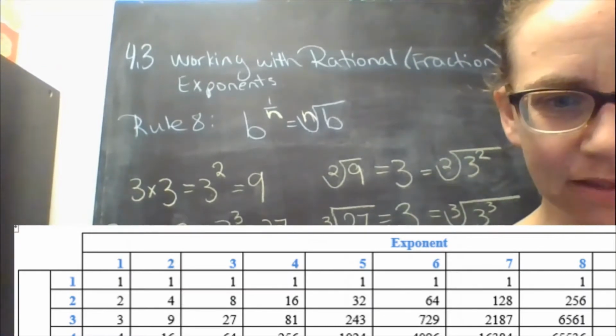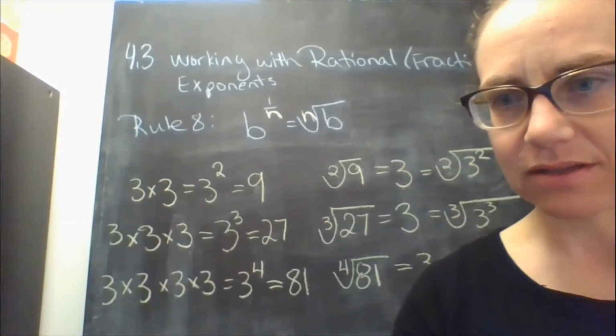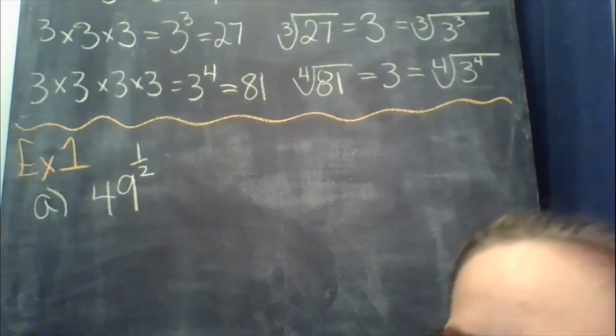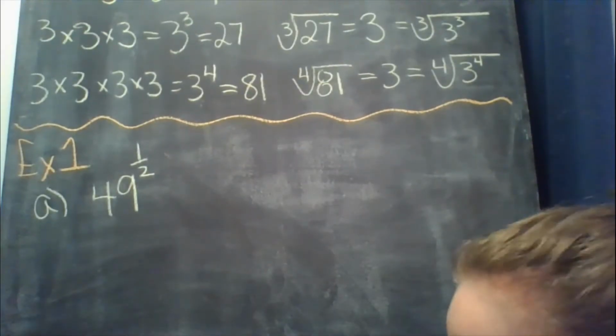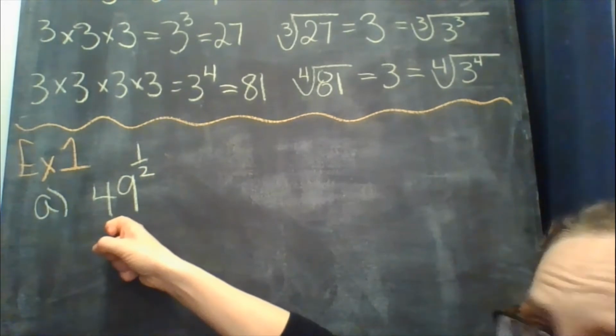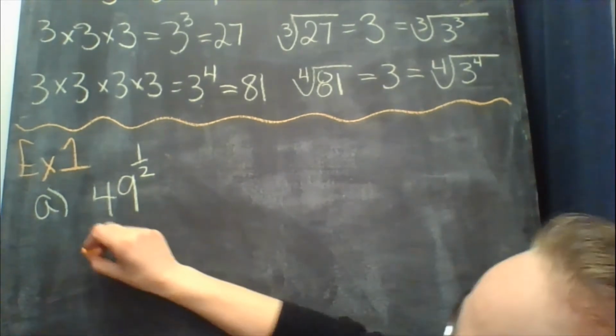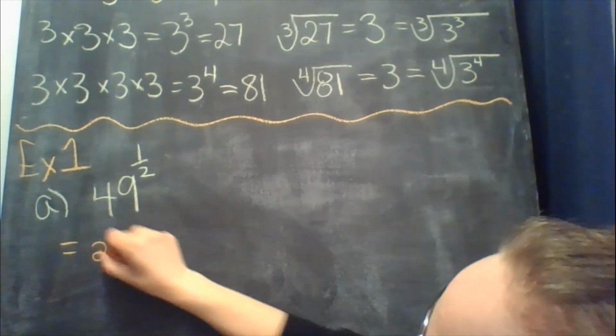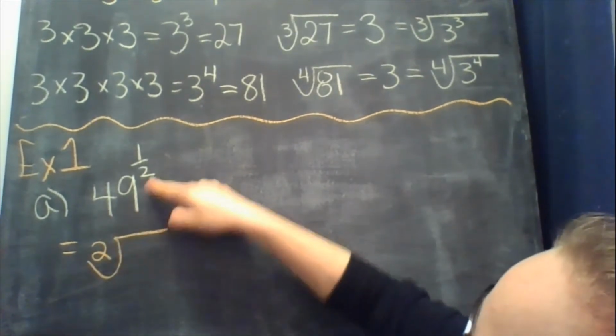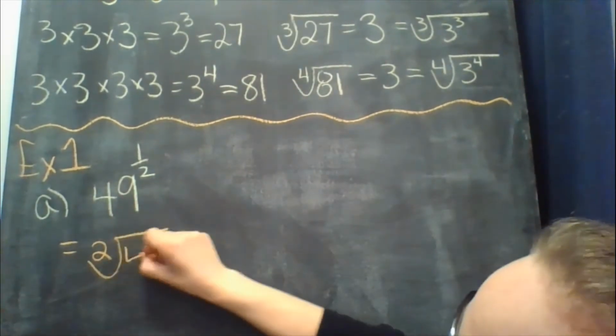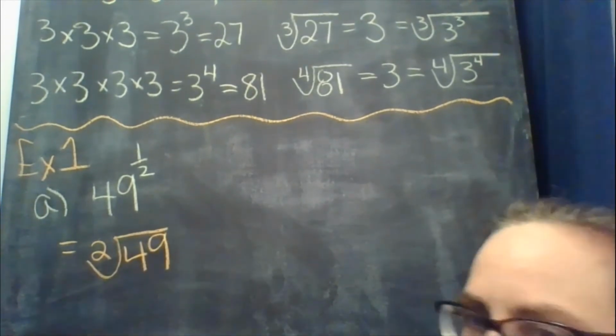Okay, let's do some practice with this. Let's put this into action and do a few examples. If I asked you 49 to the 1/2, what does that even mean? If I want to write it in radical form, then the 2 is my root, and the 49 goes underneath.